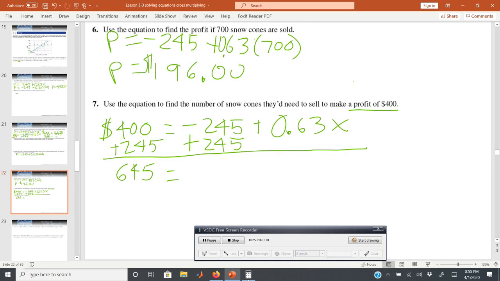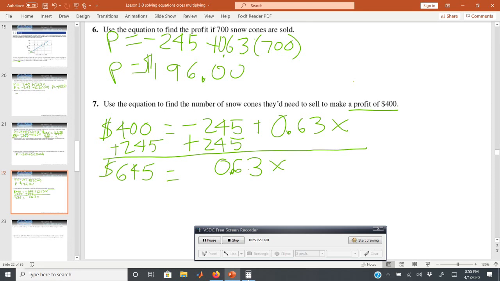And then if we want to see how many snow cones we sell to get $645, we know we would have to divide 645 by 0.63.